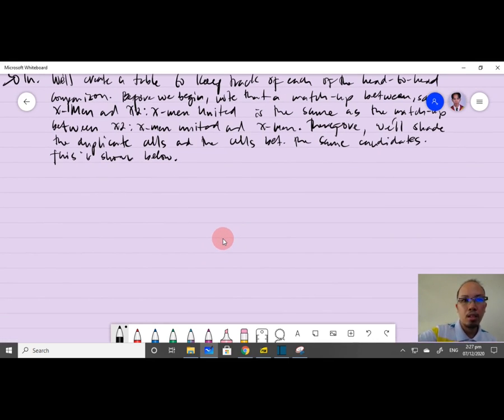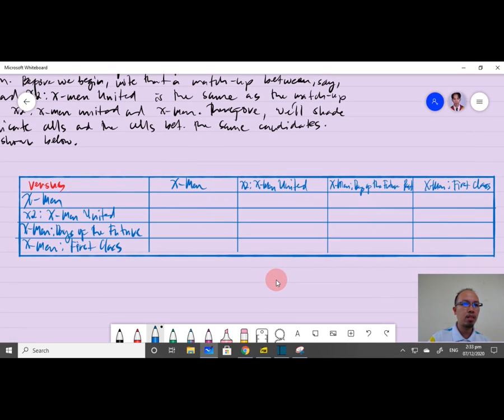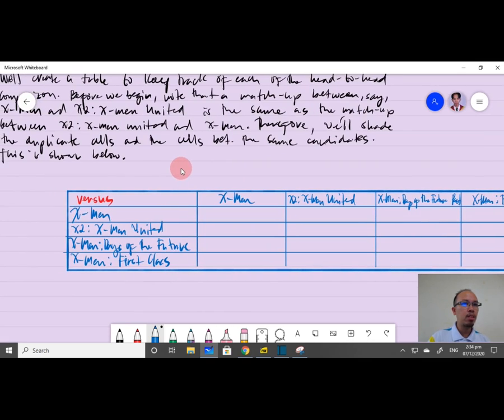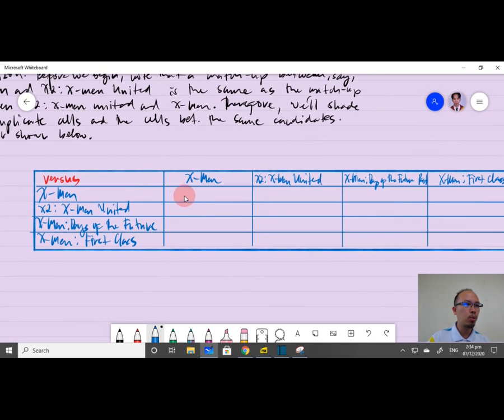Okay, this is now the table. Do the same if you have a problem like this and you are going to solve using the pairwise comparison voting method. As you can see here, we make a shade in the diagonal, this part here, this one also, and here also, because we cannot do a head-to-head match-up if they are the same.